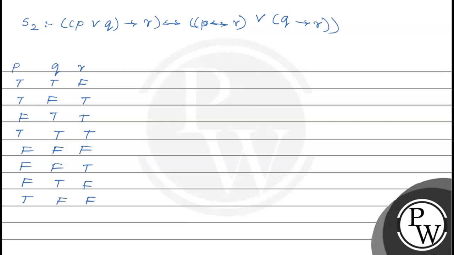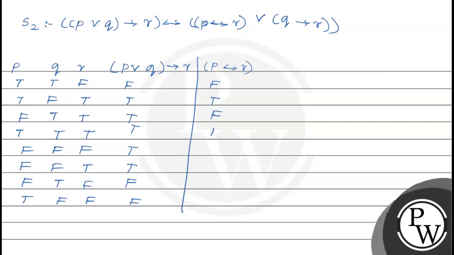From the previous truth table, we already have the values for P or Q implies R. On plugging them here, we have false, true, true, true, true, true, false, false. And we also have the value for P if and only if R, that is false, true, false, true, true, false, true, false.